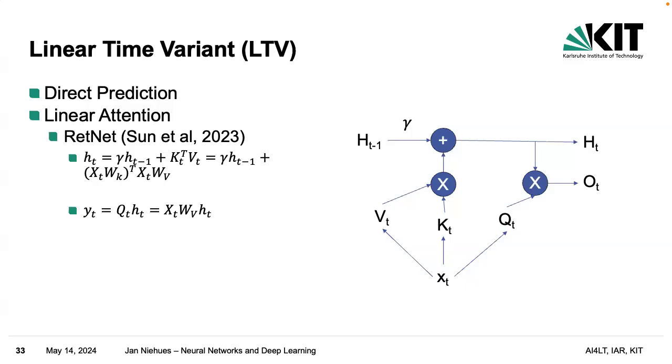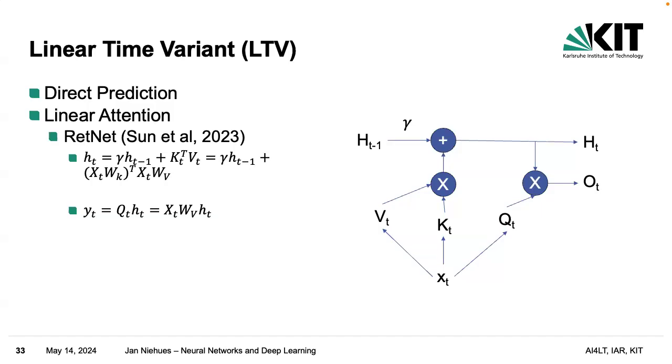How it's done, you see again here. So it's similar. Based on your input, you calculate value, key, and query somehow. But while you're not multiplying all the queries with all the keys, what you're just doing is you're multiplying your key and your values together, and adding that to your hidden state, and your hidden state is somehow downscaled a bit, so that you have your new input, but it doesn't just always grow.